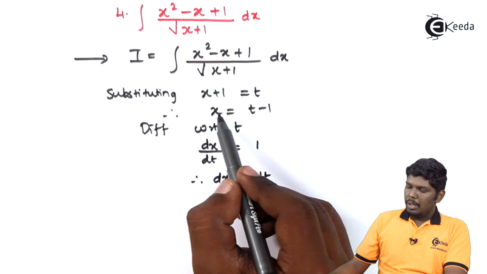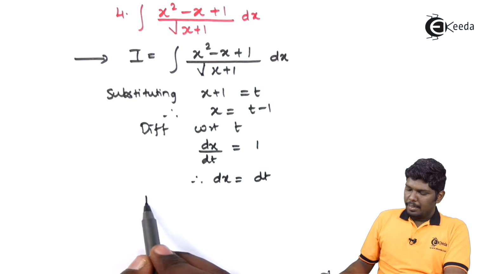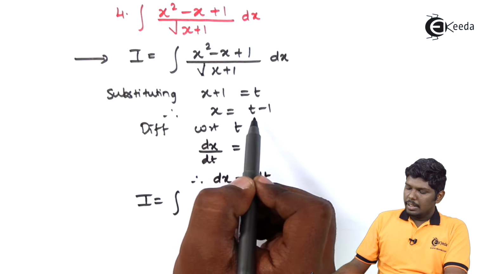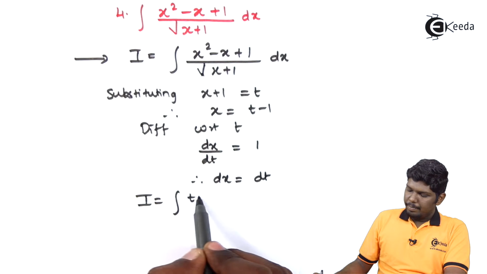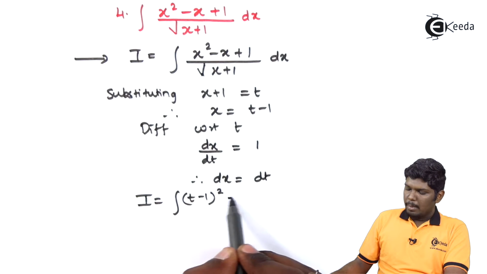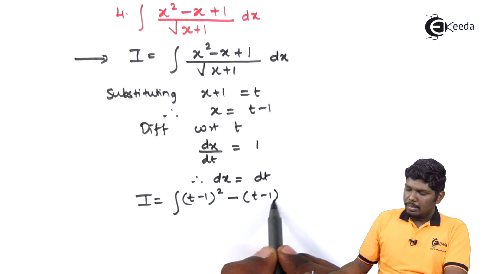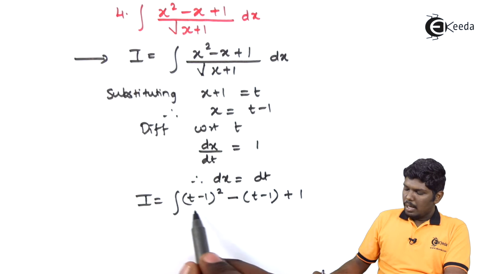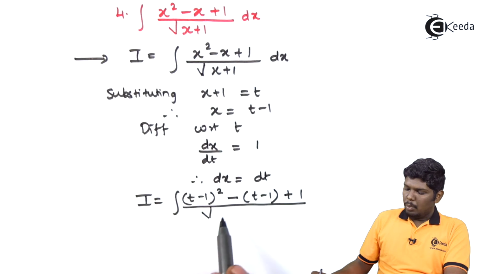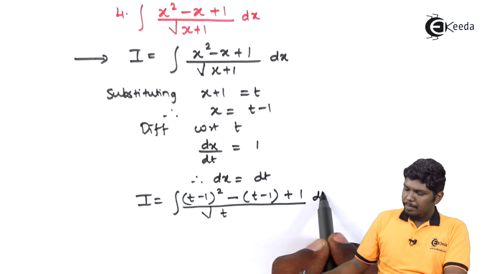Now, we will substitute the values of x and dx in the given integral I. I will be integral, value of x is t minus 1. Since it is square, here we will have whole square minus, again followed by x, we have t minus 1 plus 1 upon under root x plus 1, which is directly equal to t, and the value of dx is equal to dt.